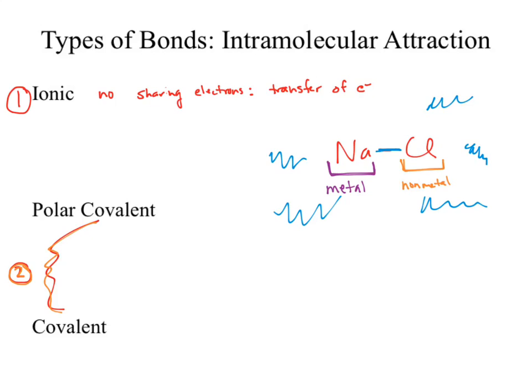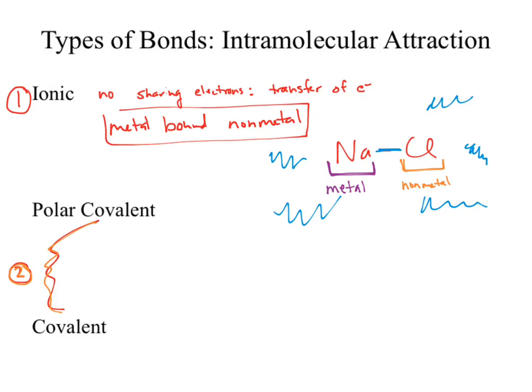So the definition for an ionic bond, okay, or at least a workable, usable definition for an ionic bond, is a metal bound to a nonmetal. That's the only one that really is going to work for us to go through and manipulate as far as this class goes. Okay?